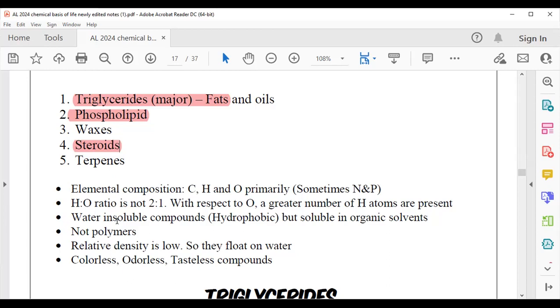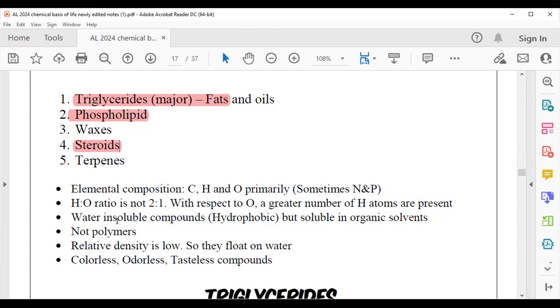So between hydrogen and oxygen, if you develop a ratio, it will be a bigger number, something like 18:1, like 35:1, bigger ratios, and no exact ratio. 2:1 in carbohydrates is a fixed ratio, right? Standard ratio.